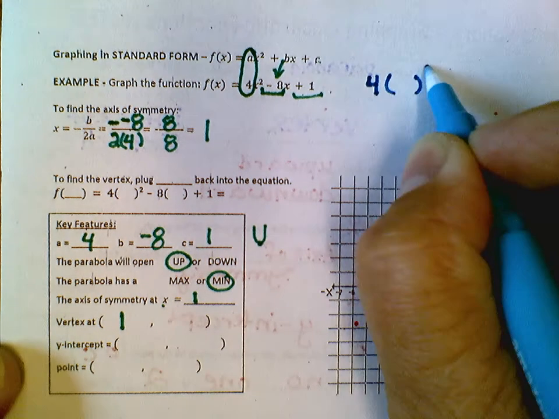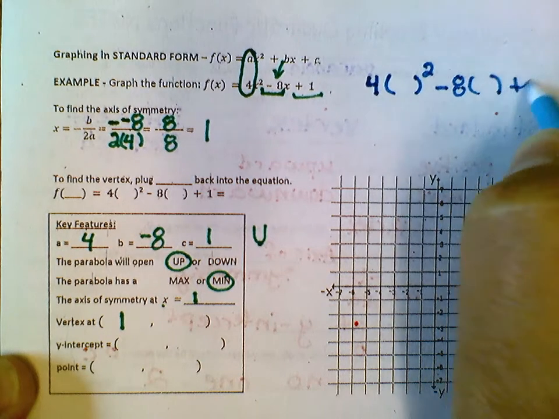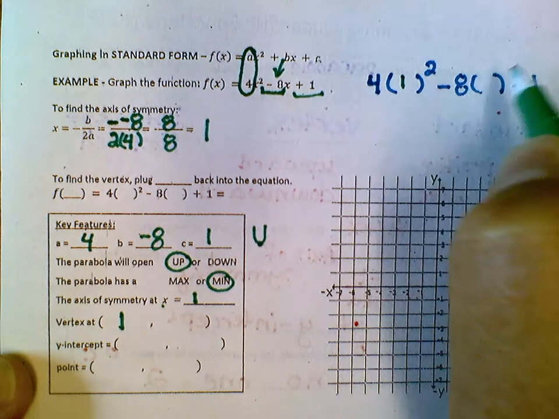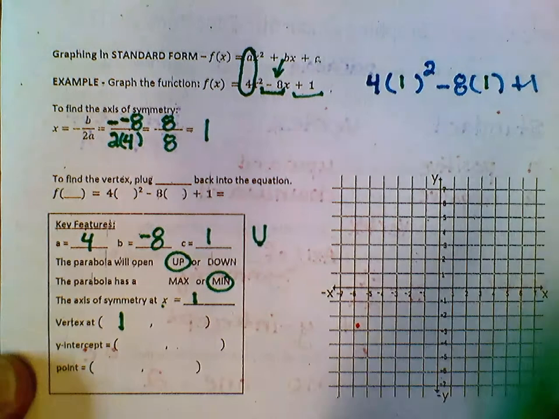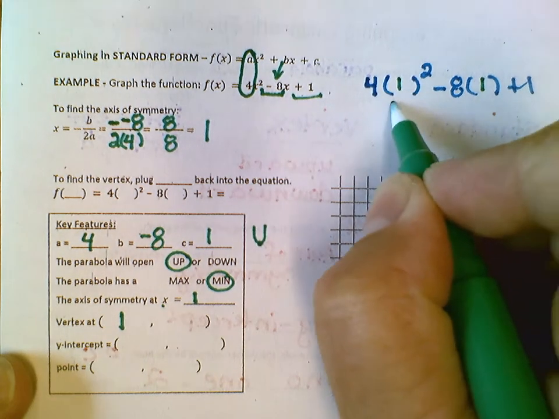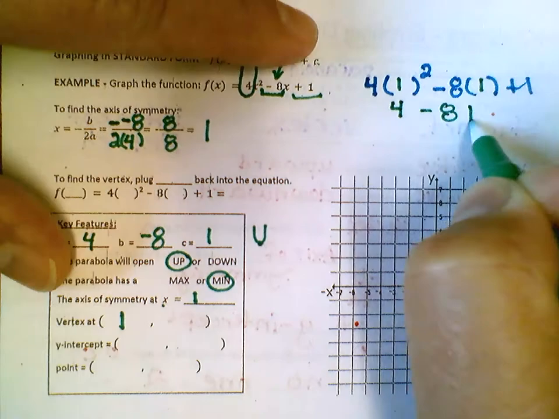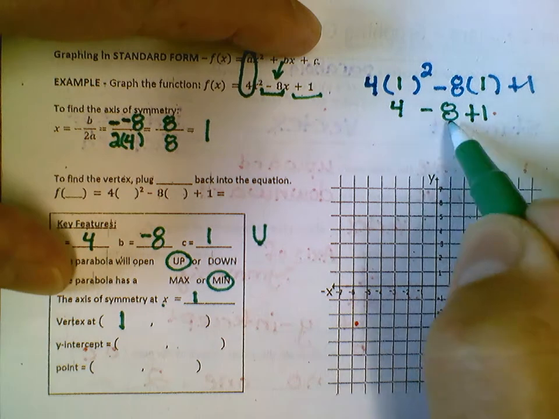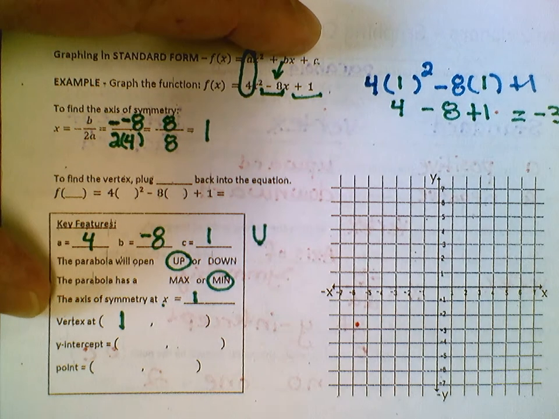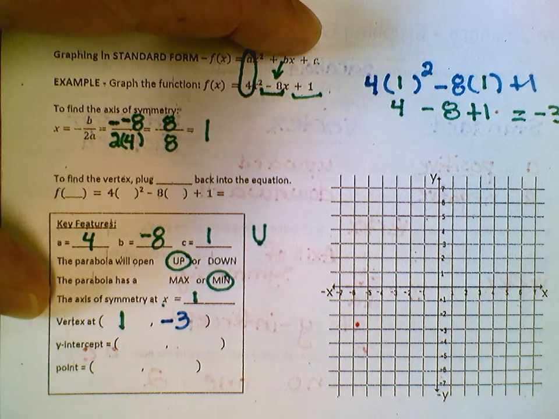So 4x squared minus 8x plus 1. And as we said, I know what my x value is now, so I can find what the y value is. So 1 squared is 1, times 4 is 4, minus 8, plus 1. 4 minus 8 is negative 4, plus 1 is negative 3. So here is my vertex.